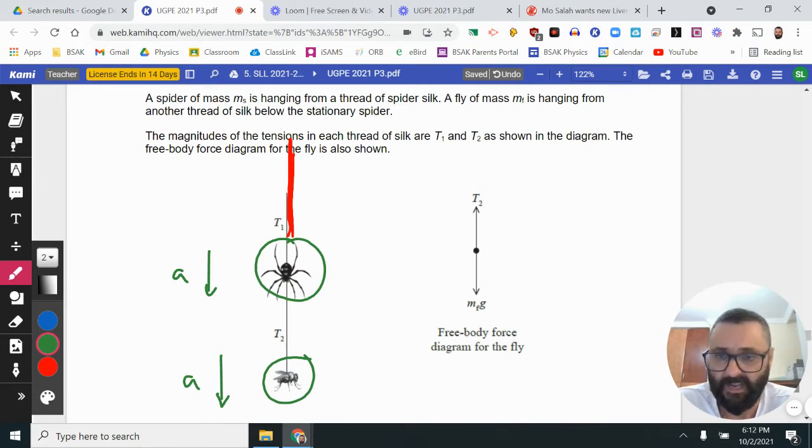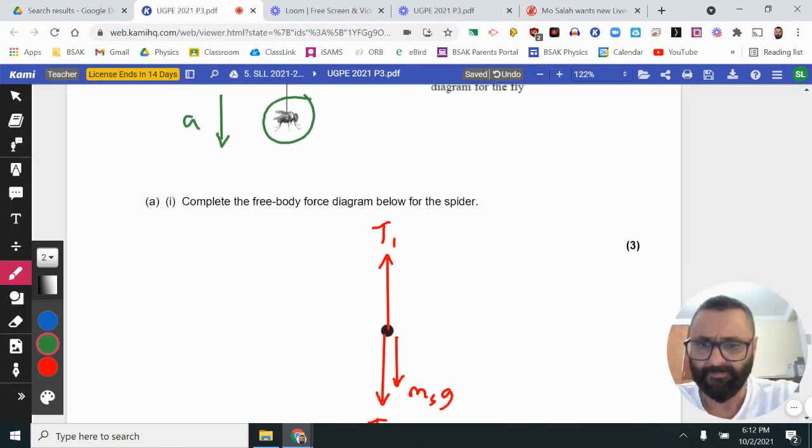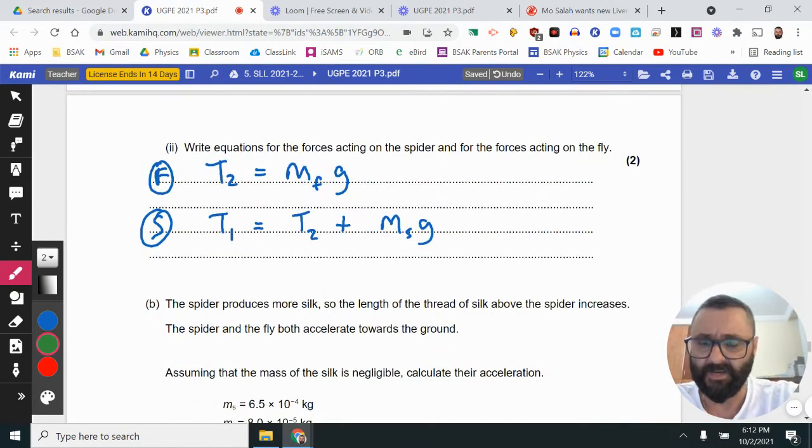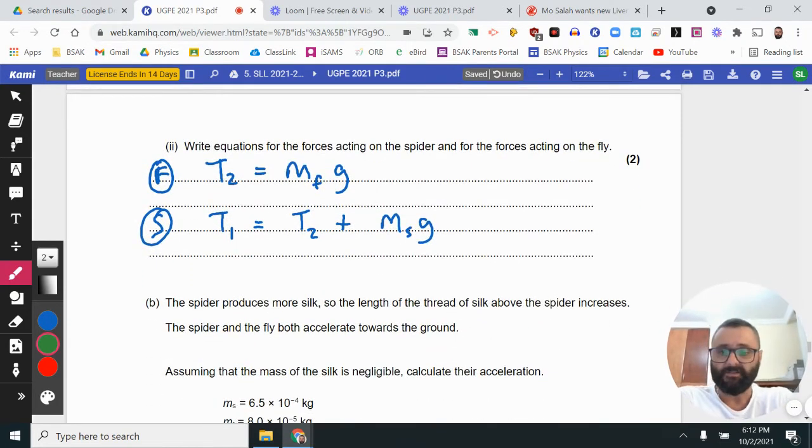The silk is not stretching. It's just been elongated because the spider is producing more silk. We need to set up some equations. These equations would have been true if it was stationary. However, we need to tweak them now and equate them to MA, don't we?